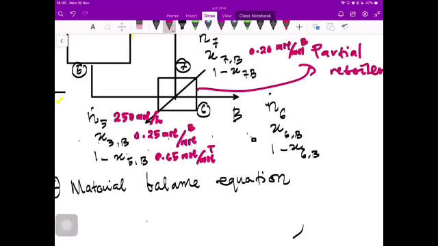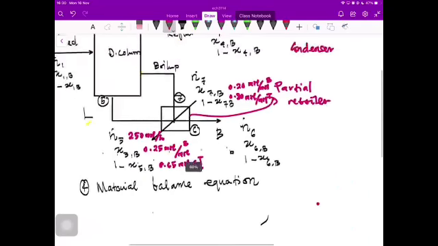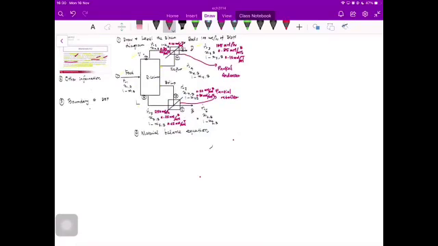So this one here has 0.80 mole per mole of toluene. Okay, but we don't know what N6 is. We don't know how much is produced or collected as bottom product. We don't know the benzene fraction. So this gives us some ideas on what are the knowns and what are the unknowns.